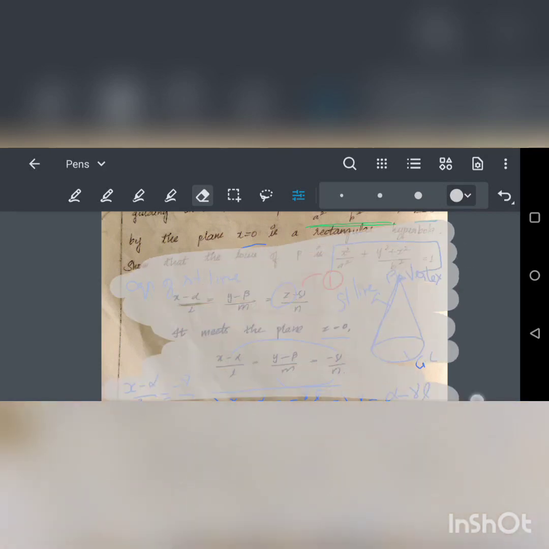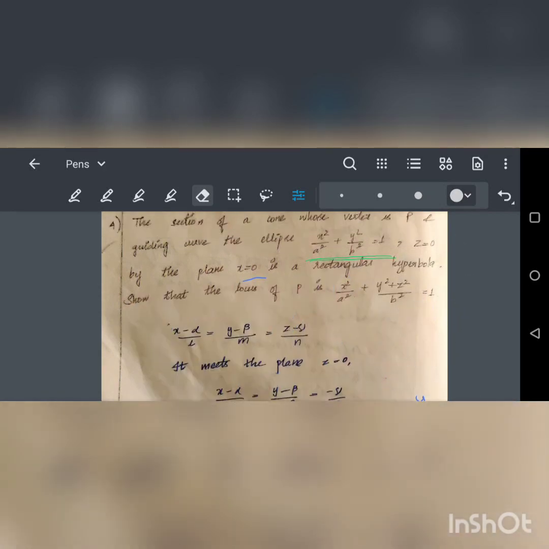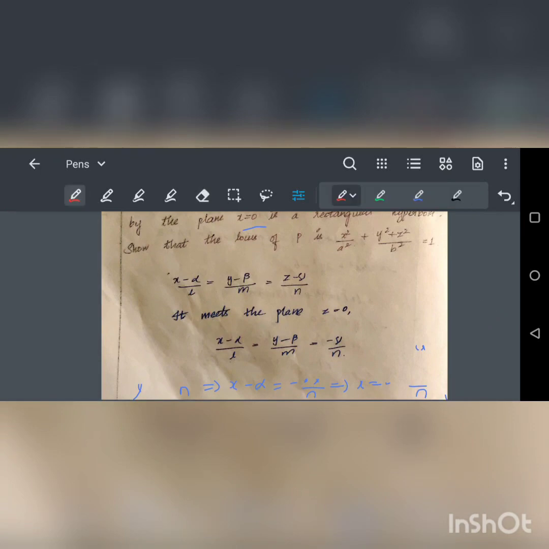When you just interchange this, you will be having x minus alpha divided by z minus gamma is equal to L divided by n. So I have just changed these two and written this one.